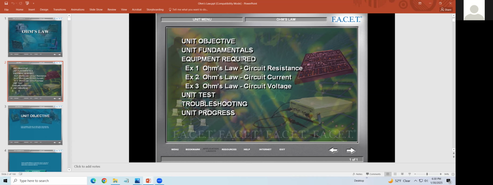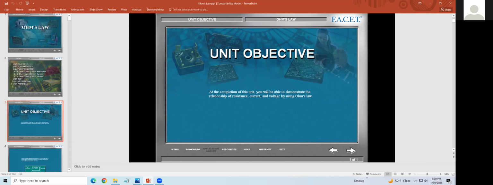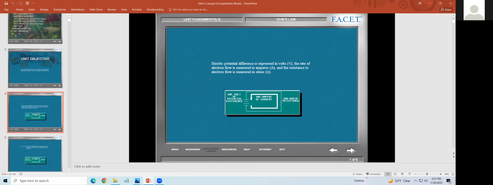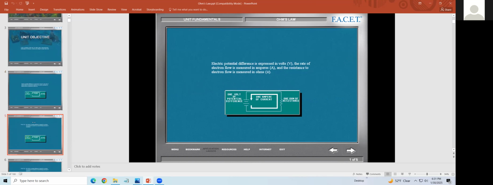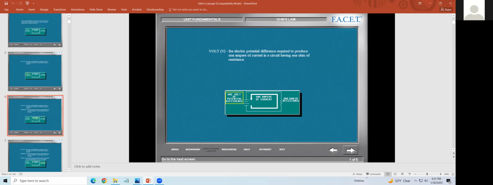After that, exercise 2 and 3 and the unit test. In here, they're talking about objectives and everything. We don't want that. If you get more time later, you can go through it. However, we don't have time to get through everything here.